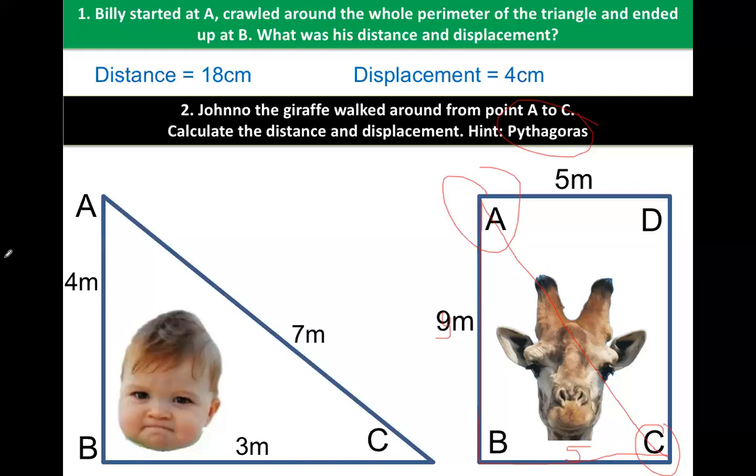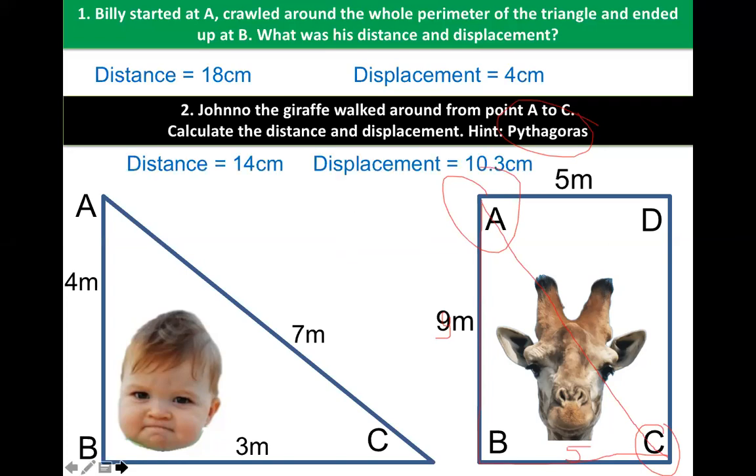So 81 plus 25 is 106. That's correct. Then you have to square root it. Square root of 106 is 10.29, 10.3. So the displacement will be 10.3 cm. Okay? Did everyone get that?